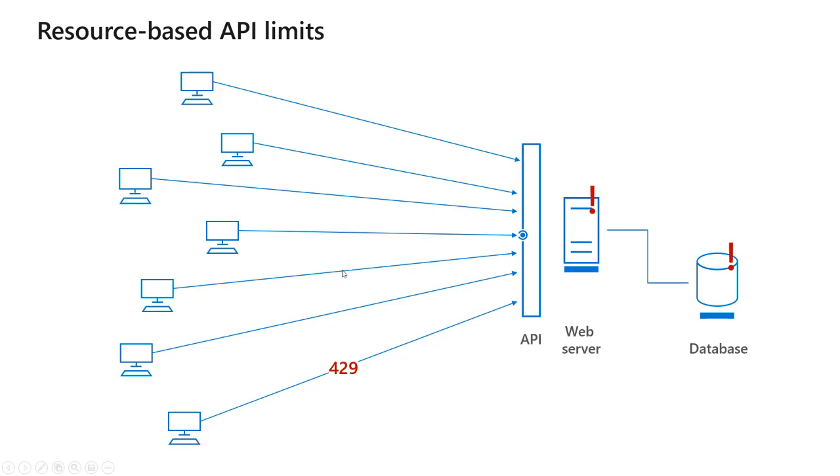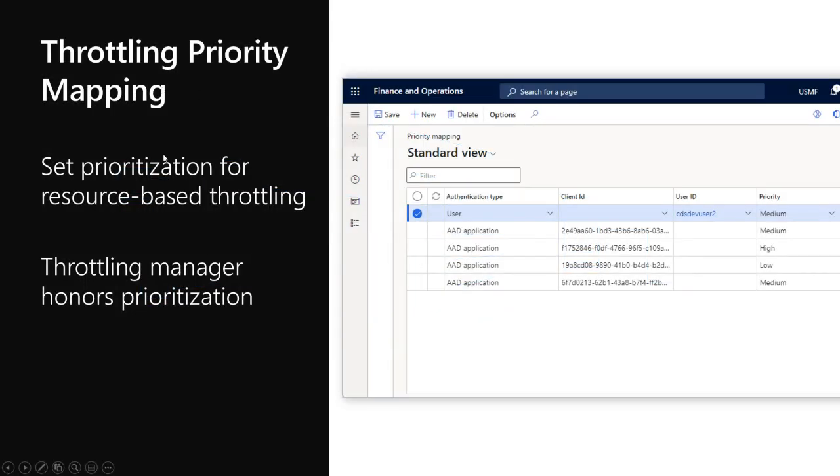With resource-based API limits, we allow the client or allow the environment to determine the order in which these integrations are throttled. So we have a throttling priority mapping within the application, where you can go into the priority mapping page and select the integrations that you have set up for finance and operations and determine the priority in which they will be limited when that resource-based throttling happens.